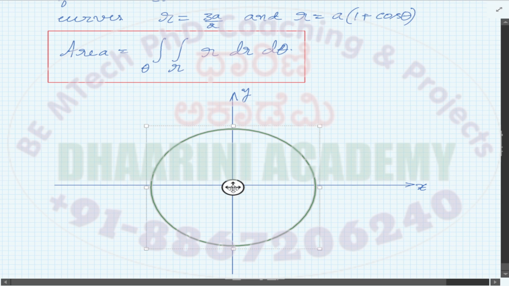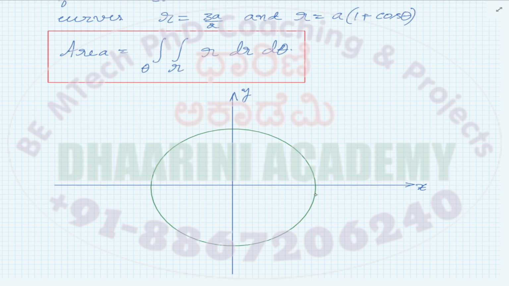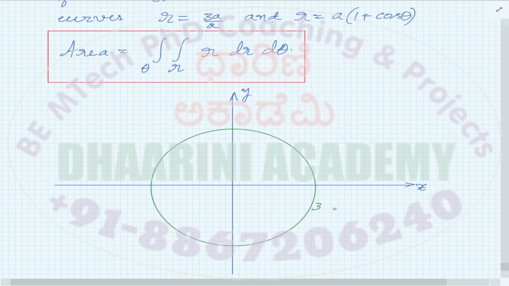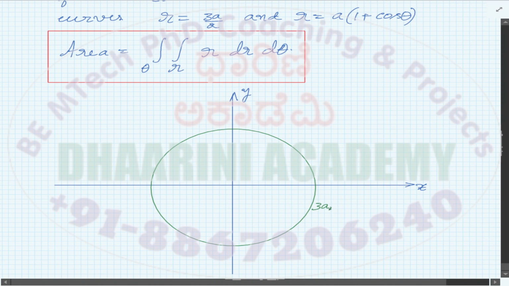So this is the circle. Let's assume that the radius is 3a by 2. Let's write the coordinates. The point where it touches the x-axis, as per this x varies, is 3a by 2 comma 0, because no height. So this point is that.